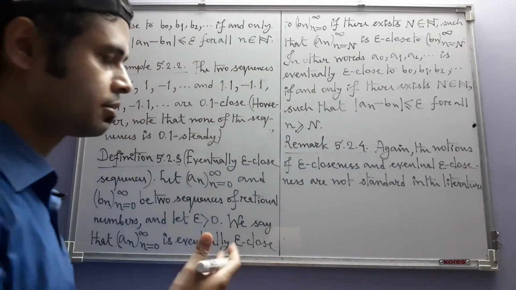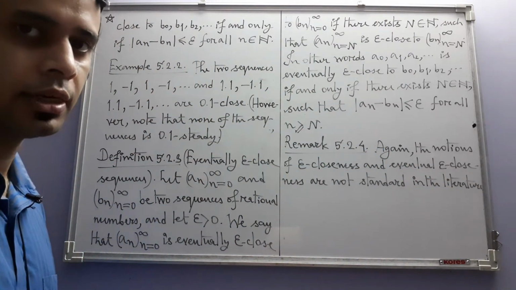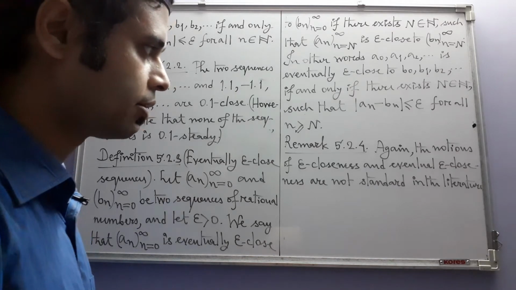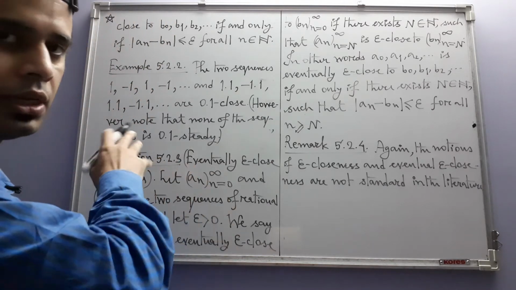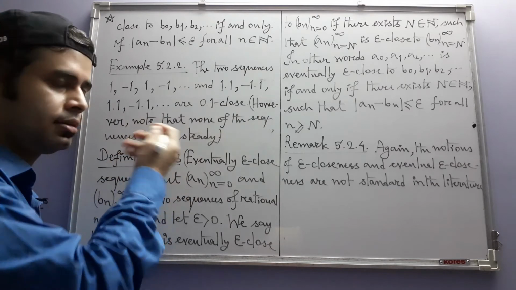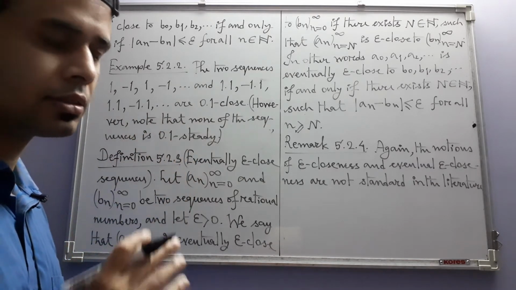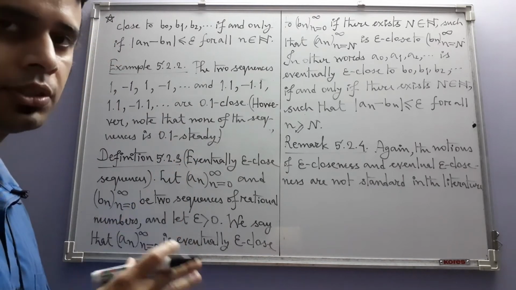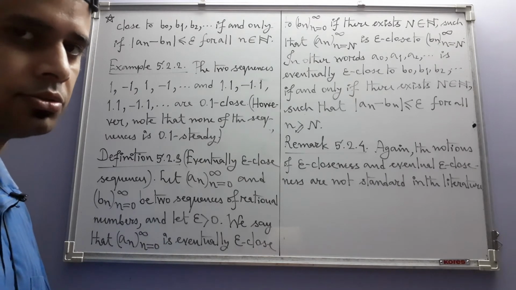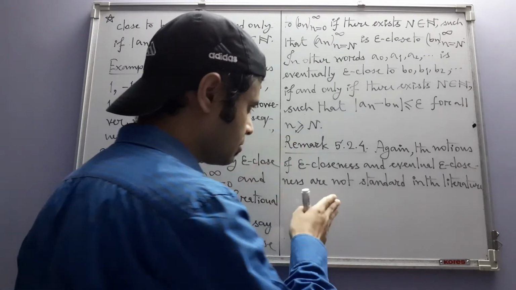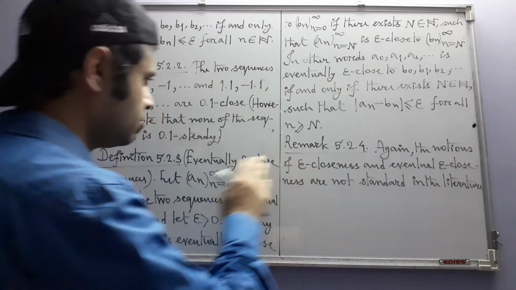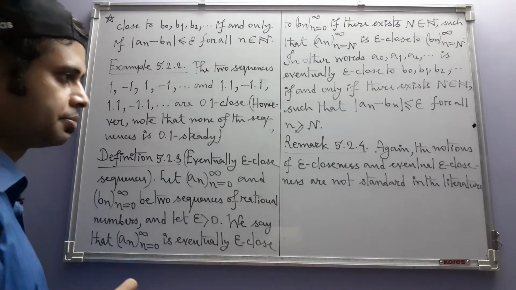Just like the notions of epsilon steadiness and eventual epsilon steadiness are not standard. So we encountered those notions there, and they are there itself. I mean, once we have the definition of a Cauchy sequence, we don't need to use them anymore. So here also, these two notions have the same status.